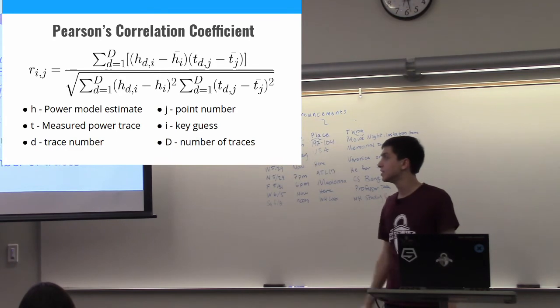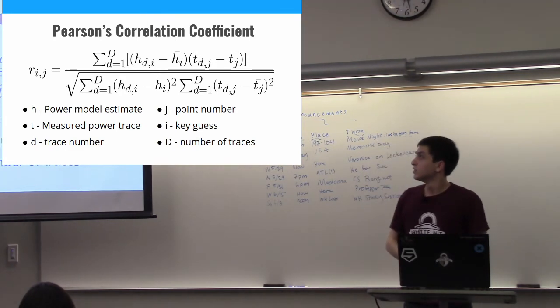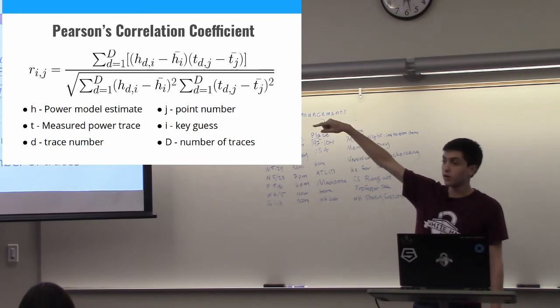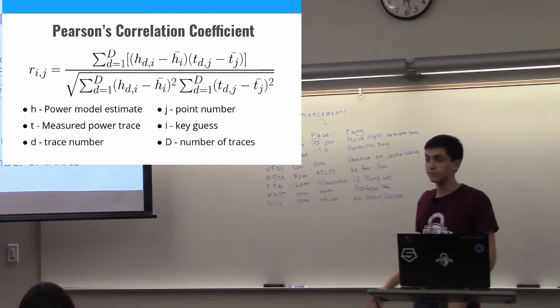Yes. And D is the number of traces. So basically, we're going to take the difference between, oh, and the H bar is the mean of H's.